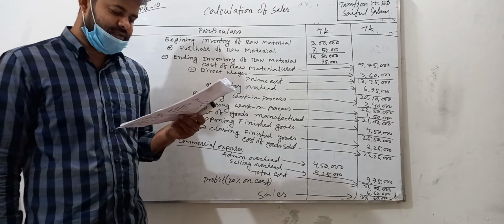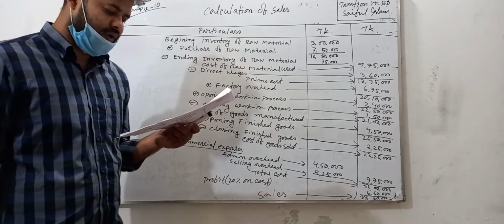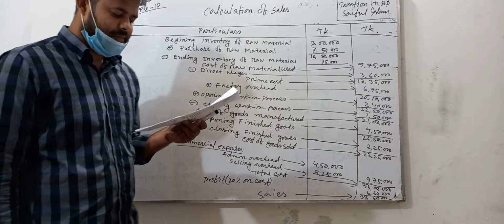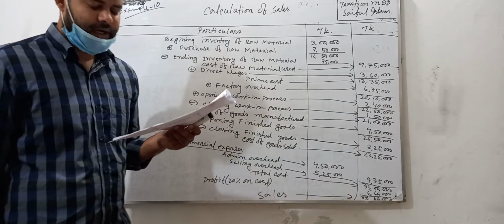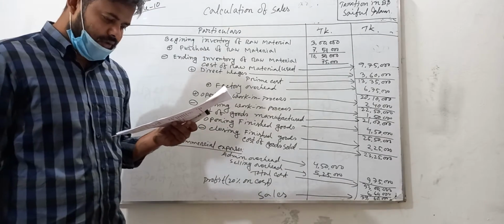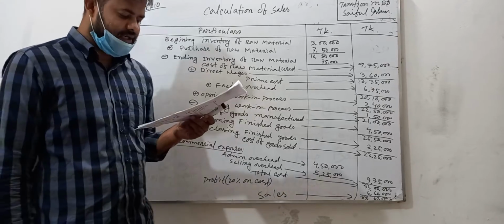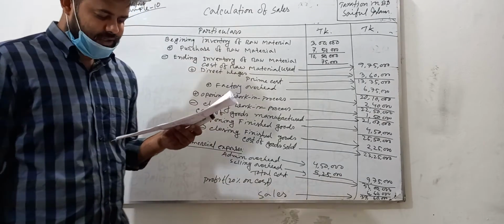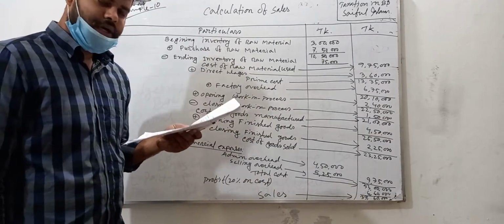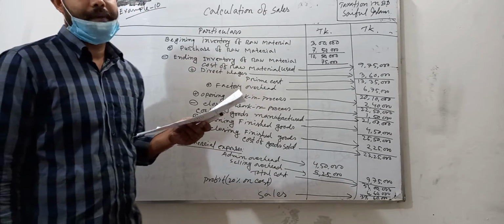Raw material purchase 7 lakh 50,000, direct wages 3 lakh 60,000, factory overhead 6 lakh 75,000, admin overhead 4 lakh 50,000, selling overhead 5 lakh 25,000. The company sells its product adding 20% profit on cost and charges value added tax of 15%. Requirement: determine the amount of VAT to be paid by the company.